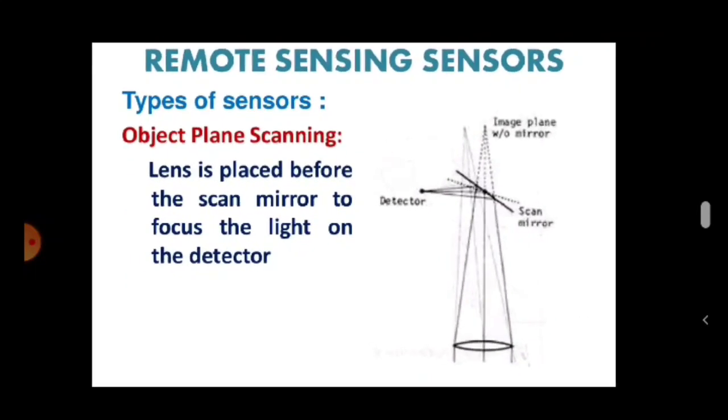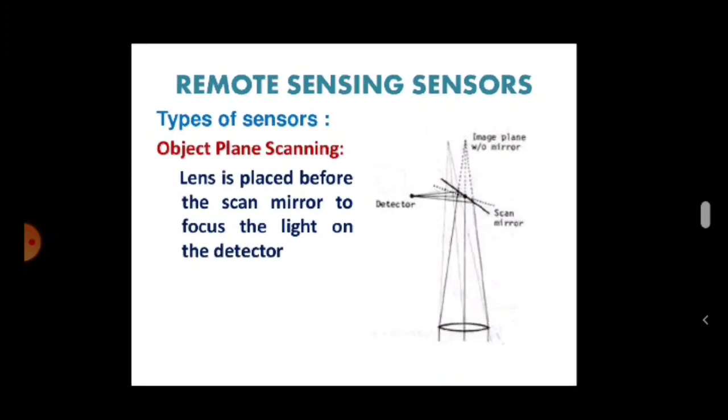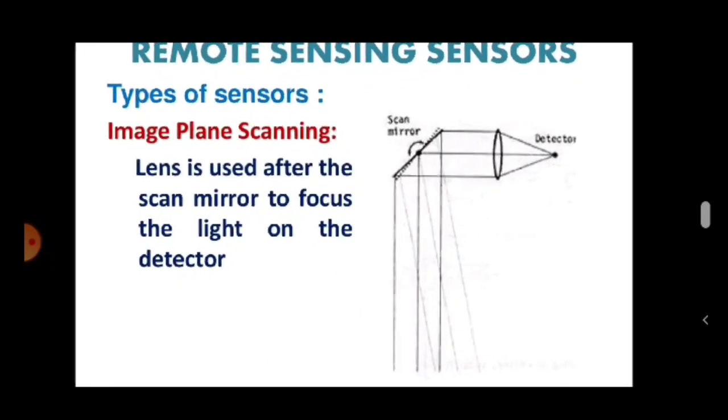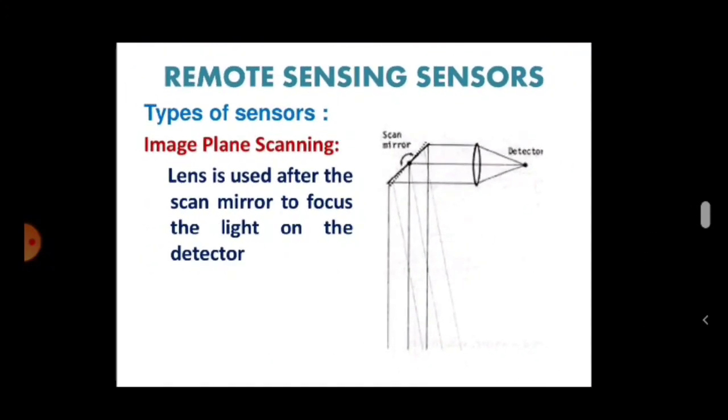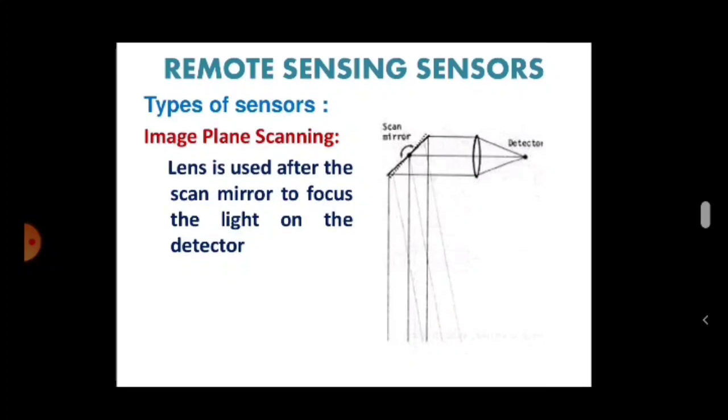In object plane, the lens is placed before the scan mirror, and in image plane the lens is used after the scan mirror. So when it comes to passive scanning image plane scanners, we can say a TV camera, solid state scanner as an example.